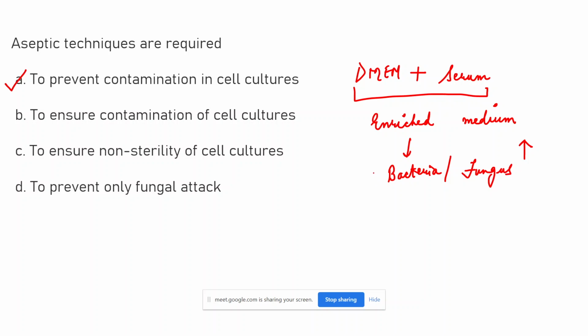techniques like washing your hands before you touch your culture plate, wearing gloves, not wearing the same gloves again and again, not taking the gloves out of the cell culture room once your work is done, having UV in your hood, and even UV in the entire room.